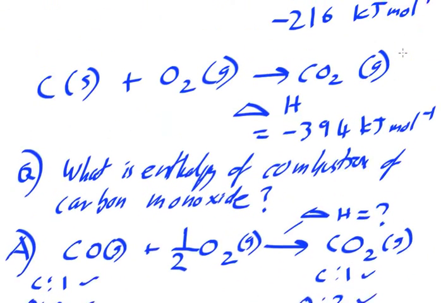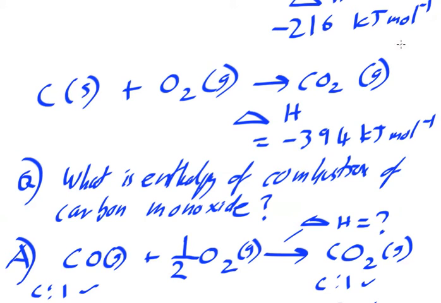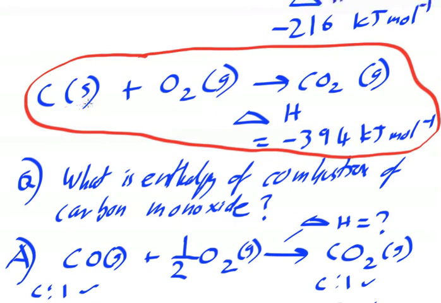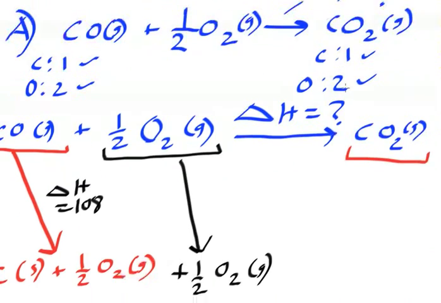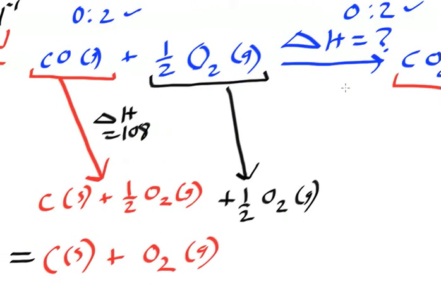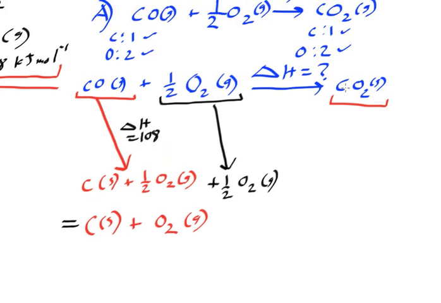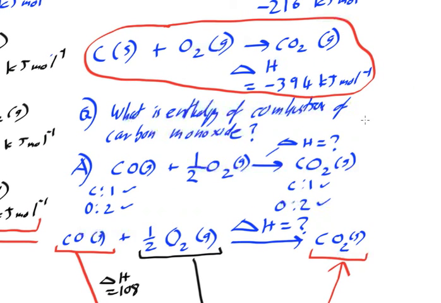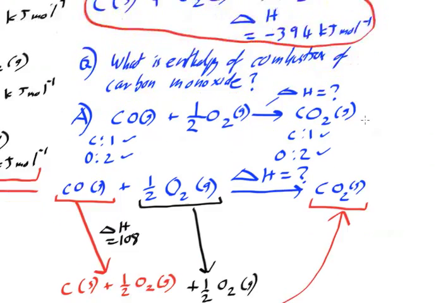Well, if I go back to my question, here it is. It's exactly the same. It's exactly what we want. We don't need to manipulate it at all. So C as a solid plus O2 as a gas goes to CO2 as a gas. Exactly what I've got here. C as a solid plus O2 as a gas goes to CO2 as a gas. And my delta H for this one from the question is just given to me as minus 394.